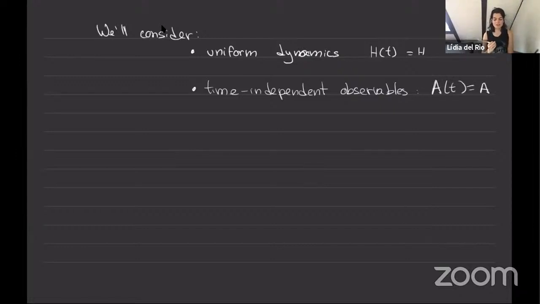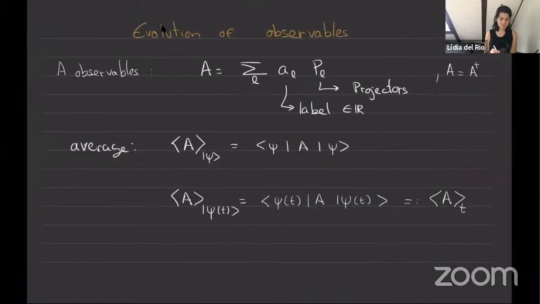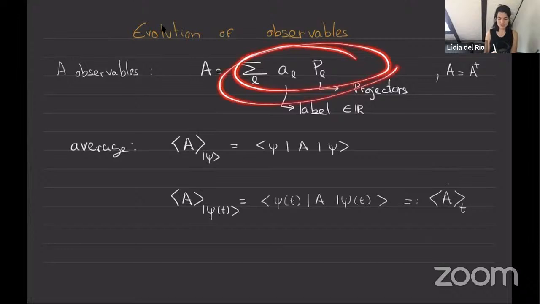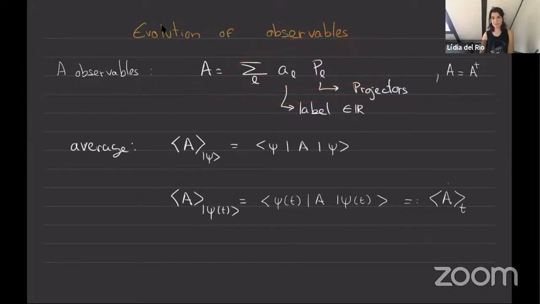This means that this matrix A, so these projectors here, these eigenvalues, don't change over time. It has nothing to do with the evolution of the quantum state that we're measuring. It has everything to do with the evolution of the measuring apparatus, your measuring devices in the lab.